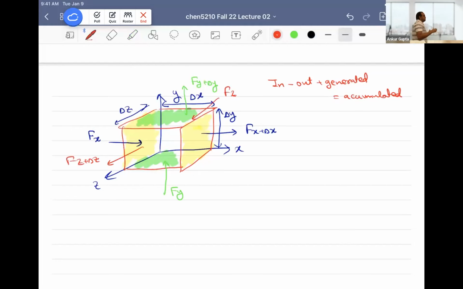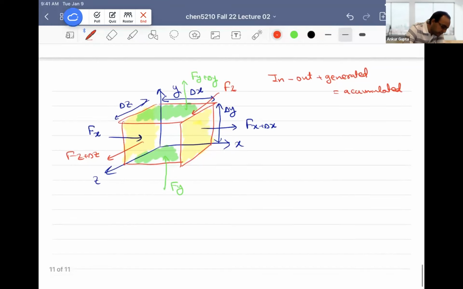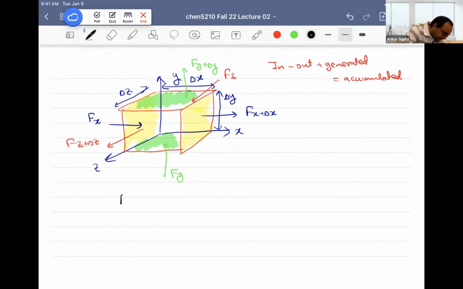These are the ins and outs, and I'm choosing x, y, and z like the subscript because I only care about the flux in the x direction when I'm looking at the surfaces perpendicular to x. I'm only looking at the fluxes in the y direction when I'm looking at surfaces perpendicular to the y direction. So with that in mind, fx is flux per unit area.